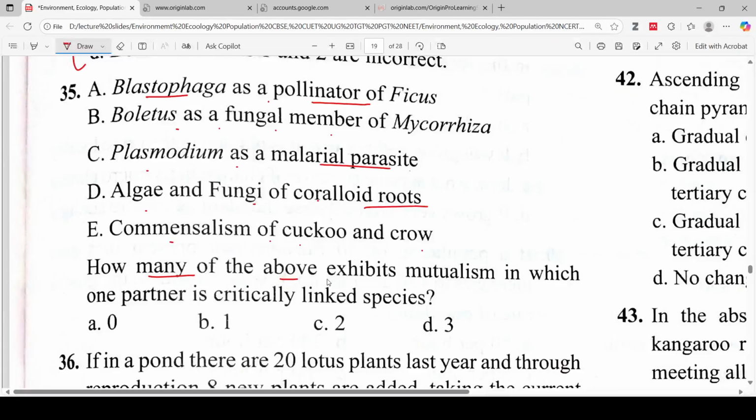How many of the above exhibit mutualism in which one partner is a critically linked species? So the mutualism occurs in option C, 2. So next question.